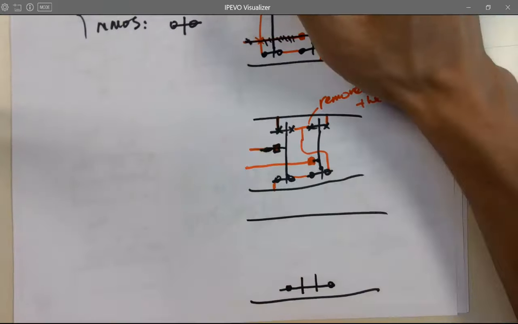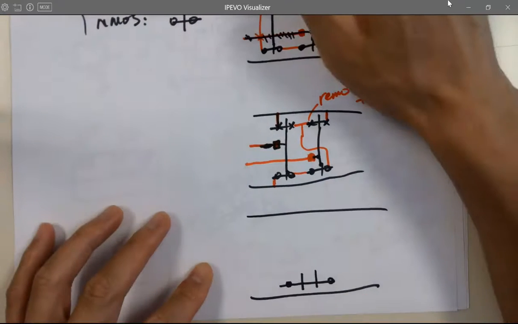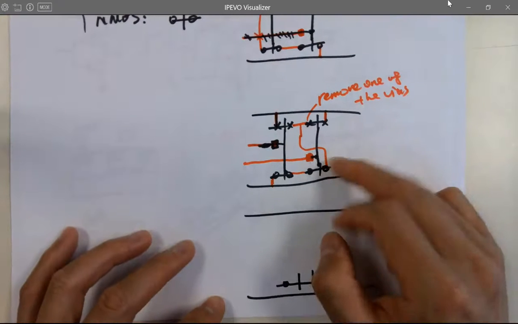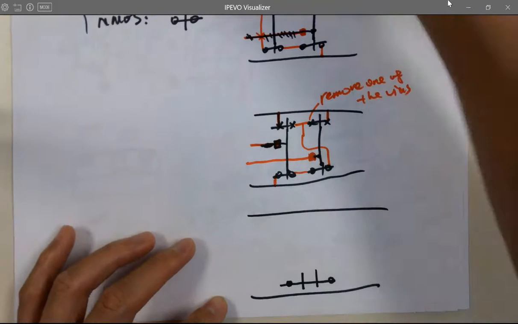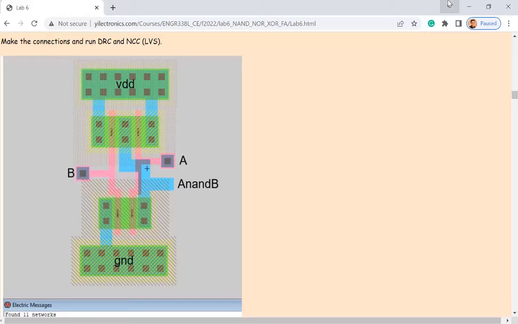These stick diagrams are just some fake design on the paper, so the traces are super thin and I have a lot of space here, right? But in the real design, I really don't have that much space. I don't have space in the middle to place a via in there. This metal 1 is going to be overlapped with the via's metal 1. So I have to do it on the right-hand side.